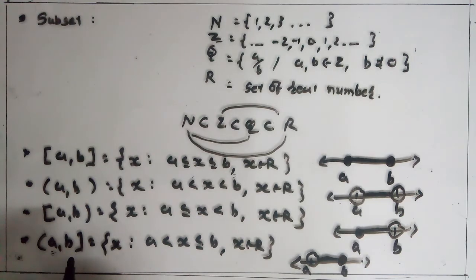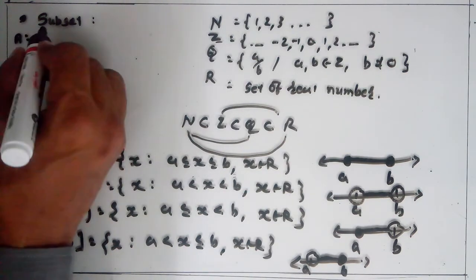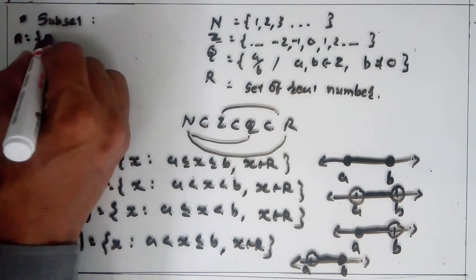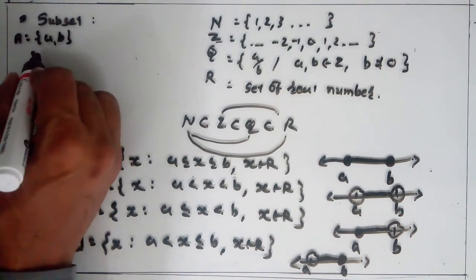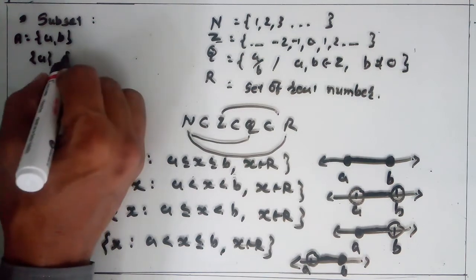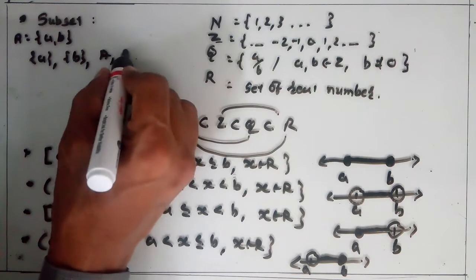Now power set of A. Remember this, power set of A. If we have set A = {a, b}, then the subsets of A are {a}, {b}, {a, b}, that is A itself, and a null set.